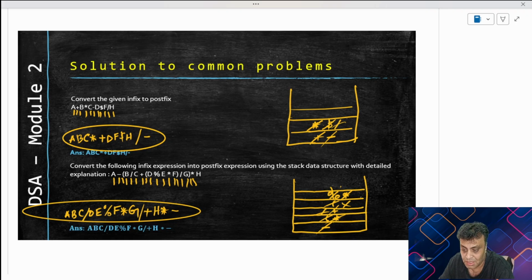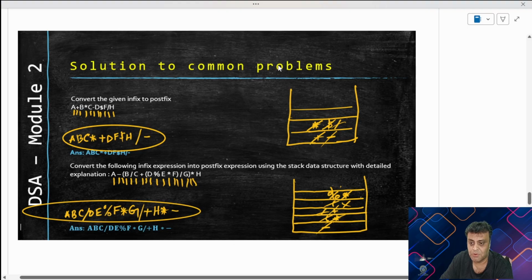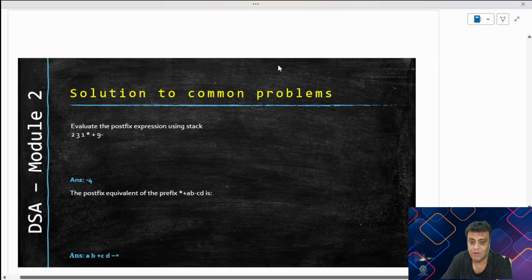You will not have a different color to show your stack. You do not have the liberty to use a rubber and pencil because that will take a lot of time. So you'll have to cut like this and do your problem, and that can lead to some confusion. So be careful.